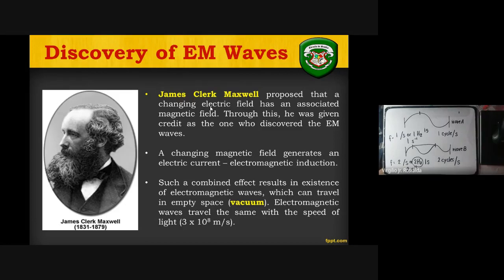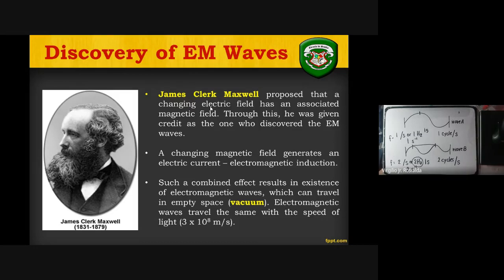But nauna sa kanya si Sir James Clerk Maxwell. So siya yung nauna, si Sir James Clerk Maxwell, who proposed four different equations about electromagnetic waves. And aside from that, also proposed that a changing electric field has an associated magnetic field. And therefore, through that, nakita niya that if there is a changing electric field, it produces also a magnetic field.